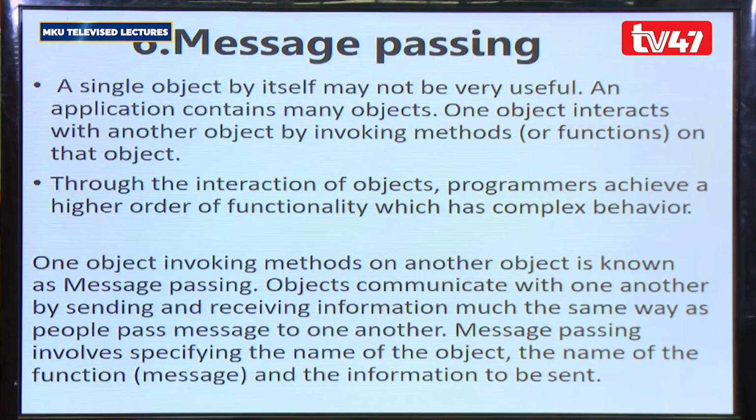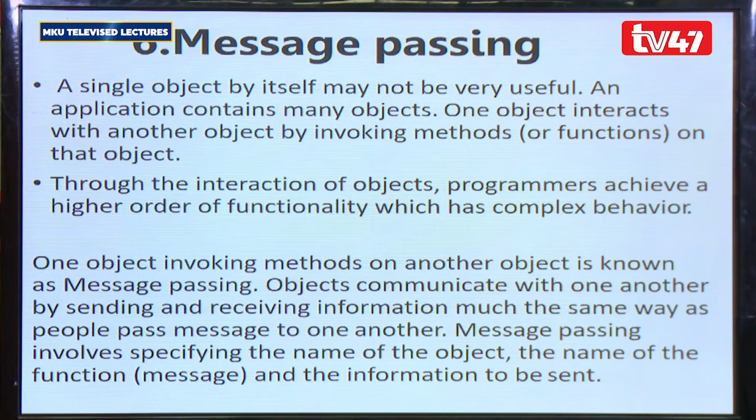One object interacts with another object by invoking methods, or functions, on that object. Through the interaction of objects, programmers can achieve a high order of functionality, which has complex behavior.